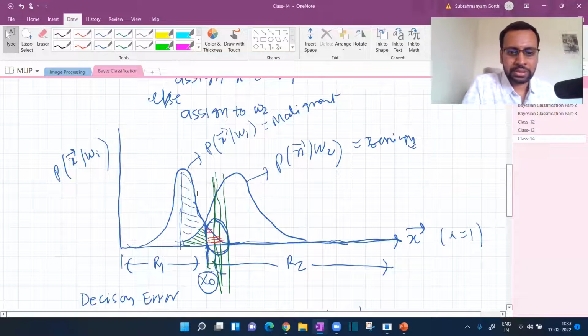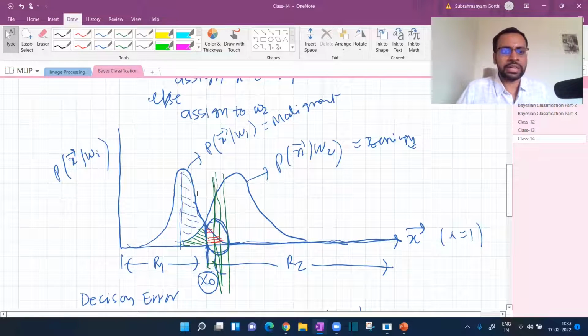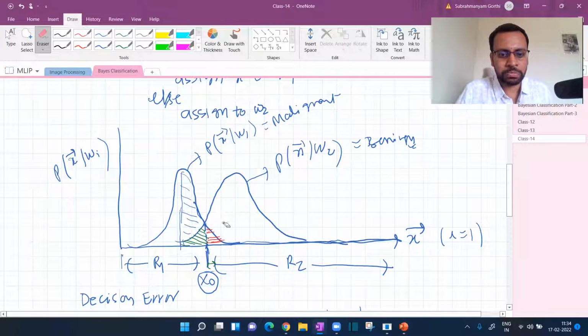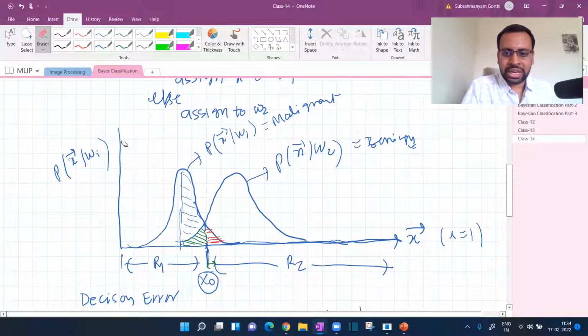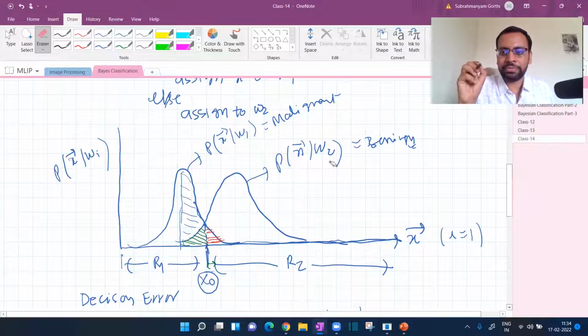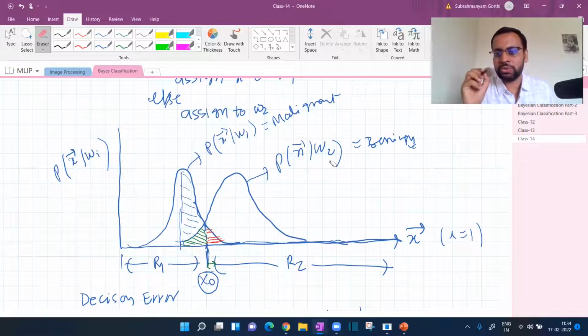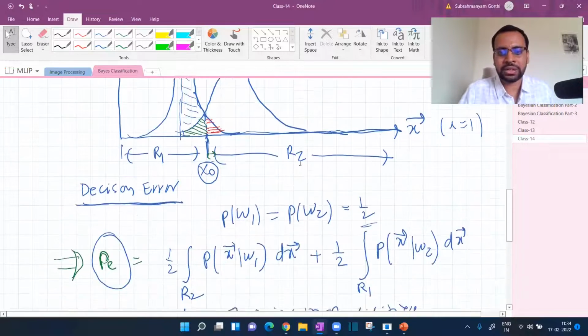This is the penalty, the one which has been written in red. That is nothing but a penalty that has been imposed when you are falsely assigning a feature vector X bar to omega 2, which should have been assigned to omega 1.